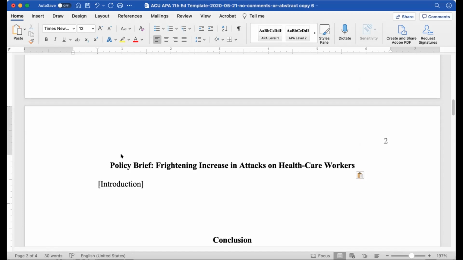All right, so I'm going to go grab some pieces of the assignment instructions here. By that, I mean I'm going to grab the exact instructions on preparing a policy brief, and I am going to copy and paste them here and use that to create an outline.